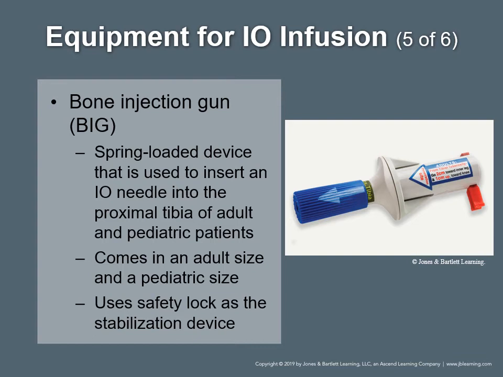The depth of insertion is different for adult and pediatric devices. It uses the safety lock as a stabilization device after the device has been inserted. Use the stabilization device as the removal tool. Pull the device out in one swift motion while grasping onto the removal tool.